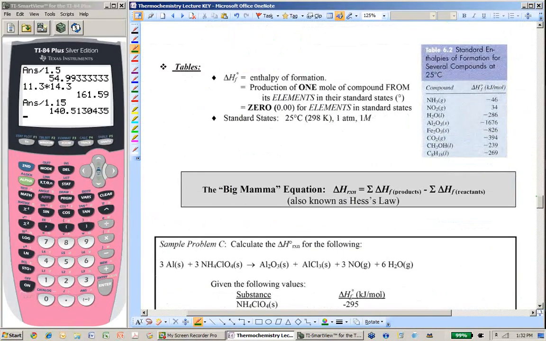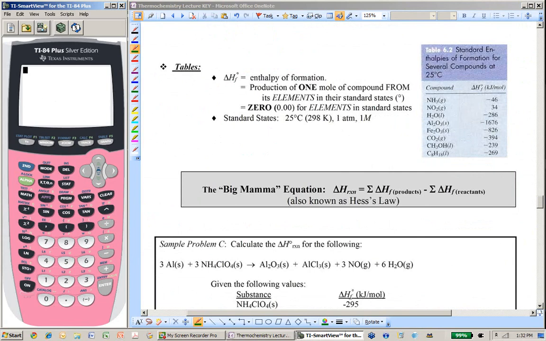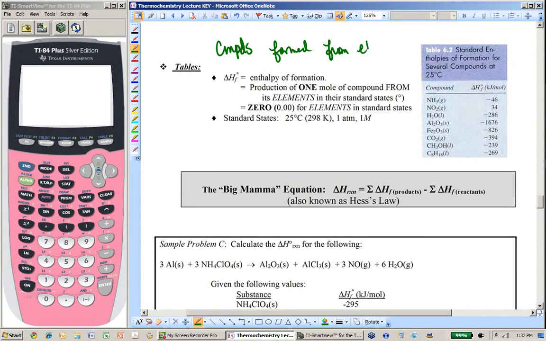All right. Here comes the big mama equation. There are these tables in the back of your book, in the thing called the appendix. There's some good information in the appendix in the back of your book. And these tables are about the enthalpy of formation. So we take compounds and form them from the elements in standard state.